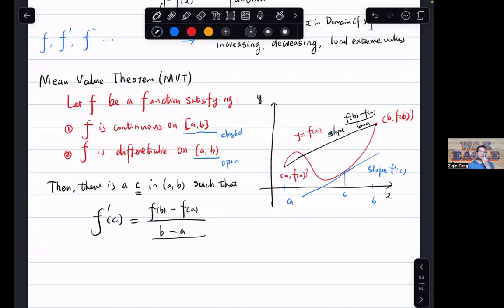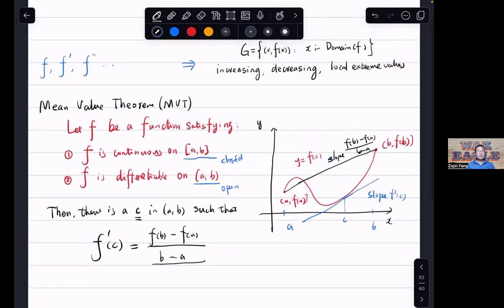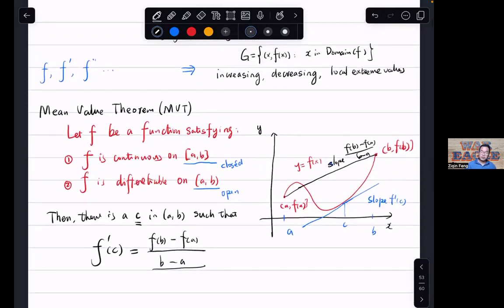This is basically the foundational result which makes a connection between the algebraic property of the function and the increasing, decreasing, local extreme values, and later we'll discuss concavity also. So this result guarantees we can do that, right?